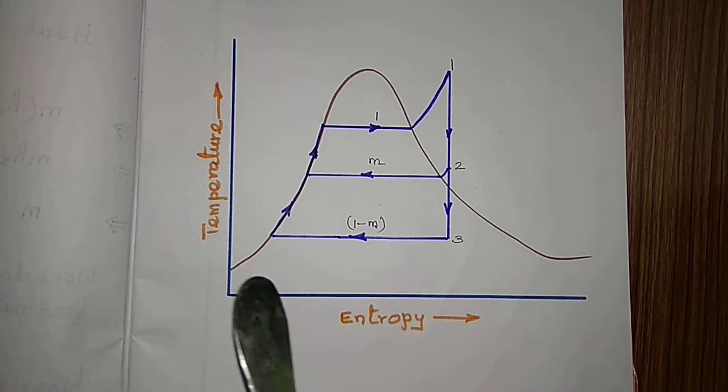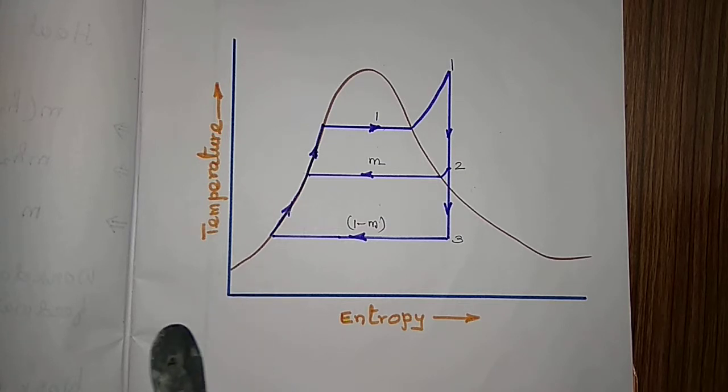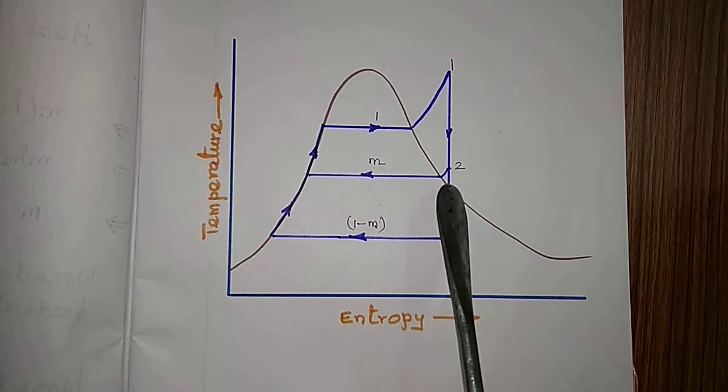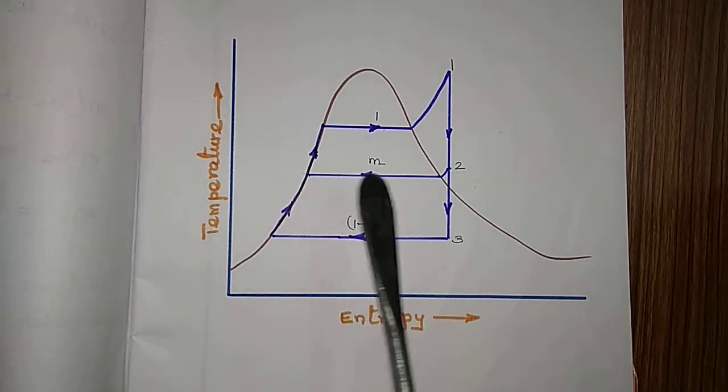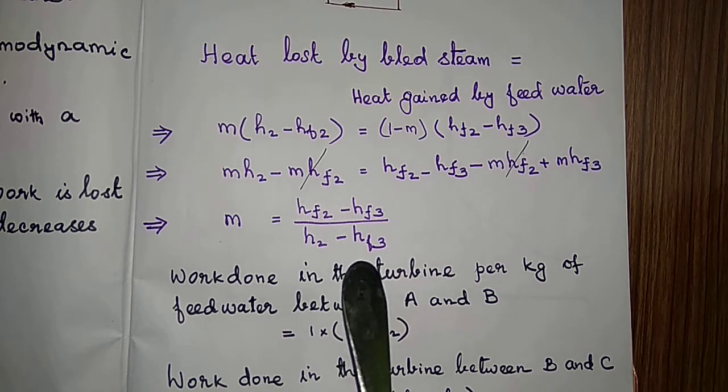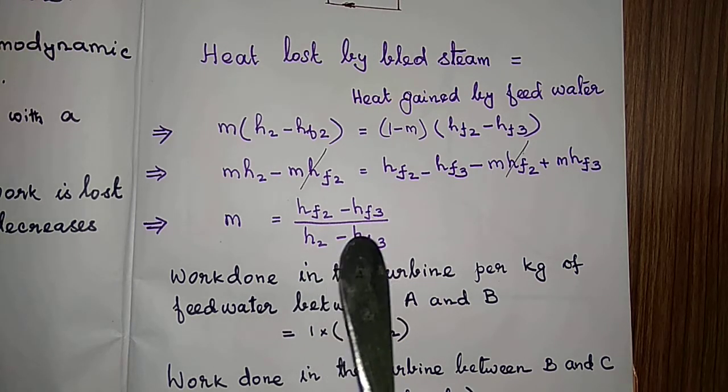So the steam is drawn from different stages of a turbine. One might be at 10 kg, another at 5 kg. Likewise, from different stages and different pressures, steam is bled to increase the feed water temperature. Here only one stage is given. I hope by this you should have understood the regenerative cycle.